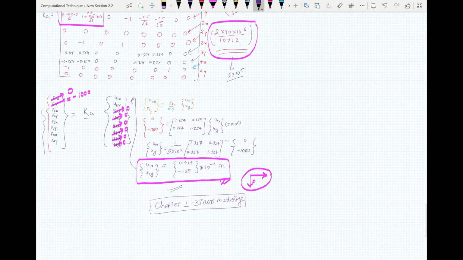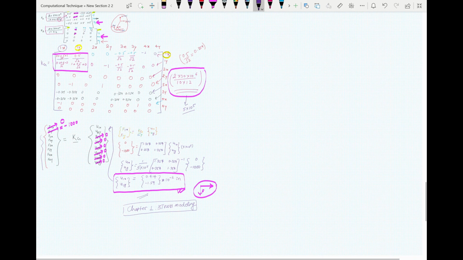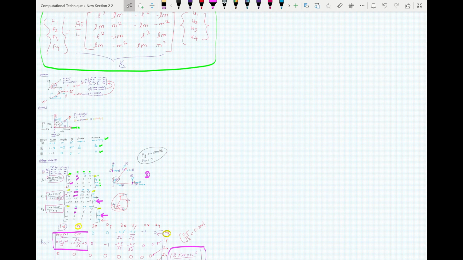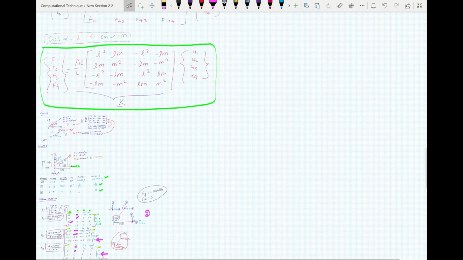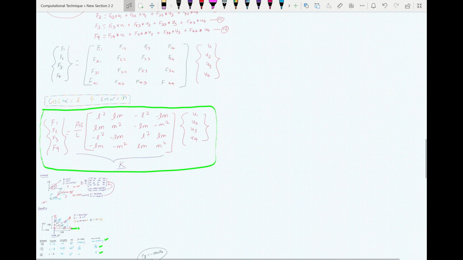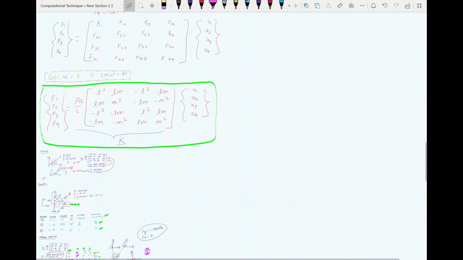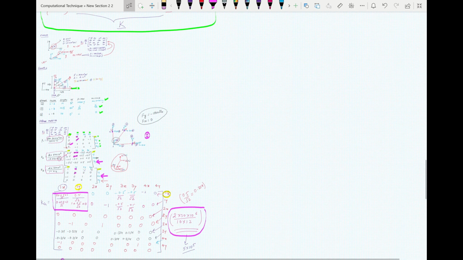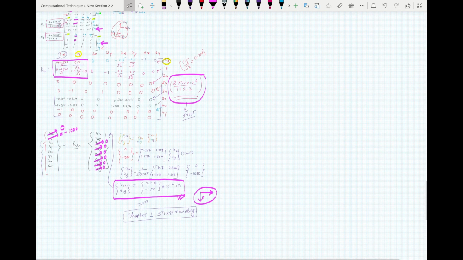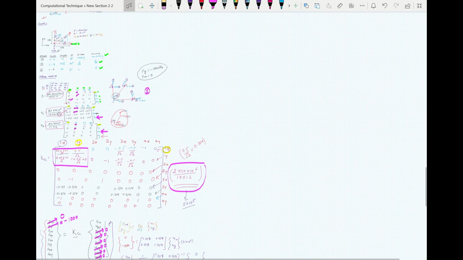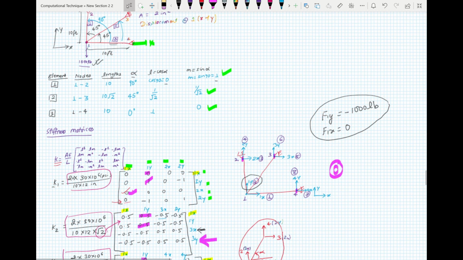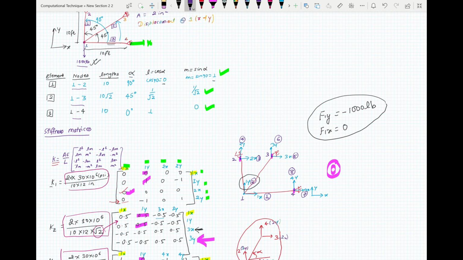So today we learned about the stiffness matrix of an inclined bar element, and we did a numerical of a truss in which we obtained the displacements under the applied loading. In this case, you just have to be careful about your node numbering and your alpha.